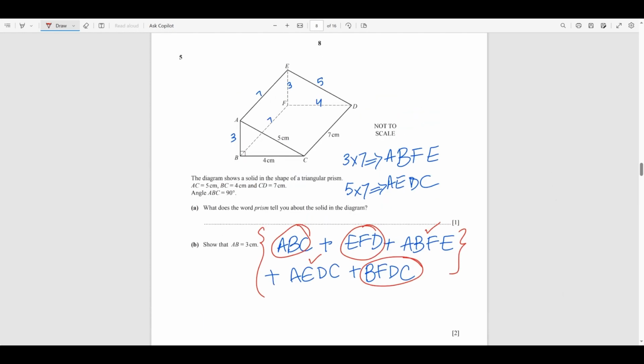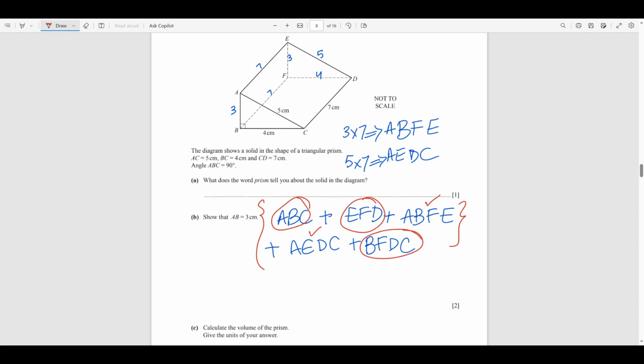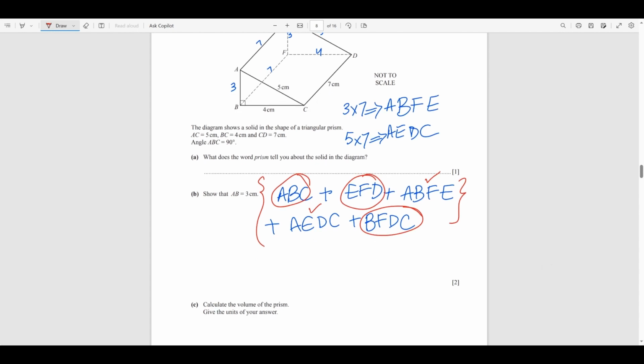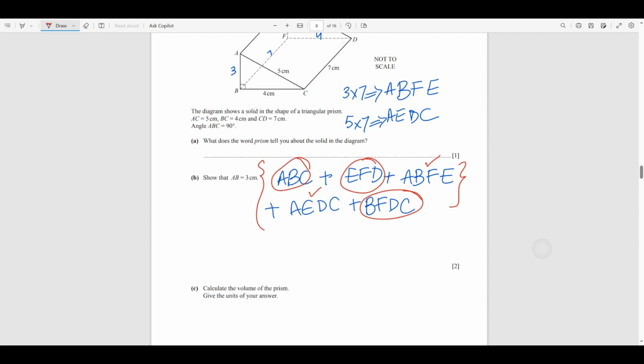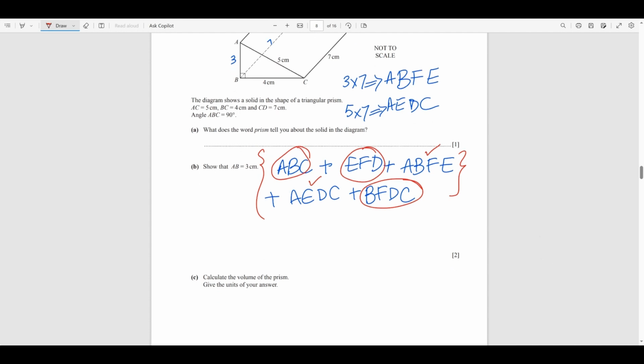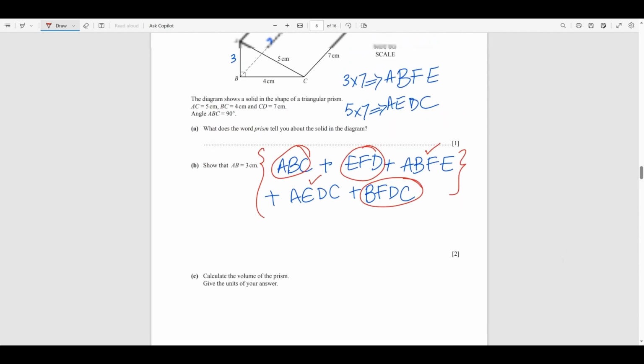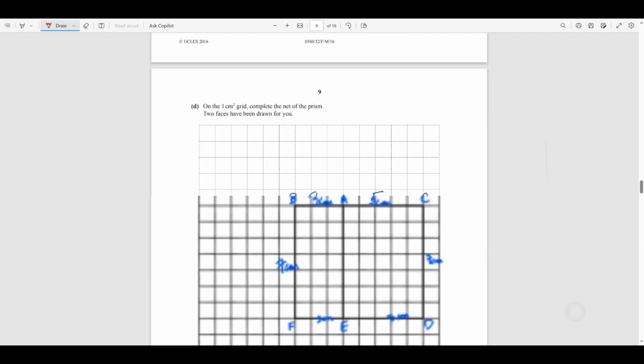So I was thinking, because we know that AB and BC are perpendicular to each other, if we are making a triangle with AB as the baseline, we need to make sure that C is right above B, and that too 4 units up, right?